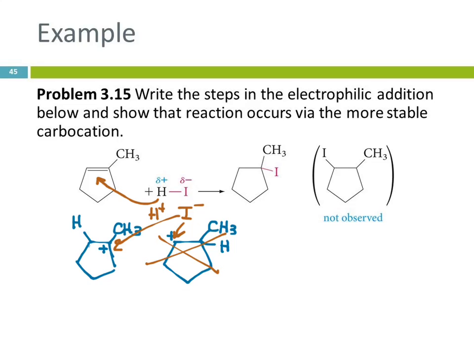Let's try drawing the ring out. So if we're looking at this guy, he's got 1, 2, 3 other carbons bonded directly to him.